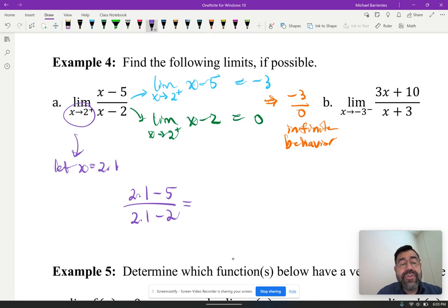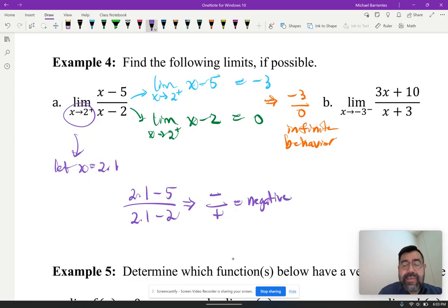And the idea here is 2.1 minus 5 is going to produce a negative, and 2.1 minus 2 is going to produce a positive, and a negative divided by a positive is a negative. That means, maybe I'll write it out, equals a negative.